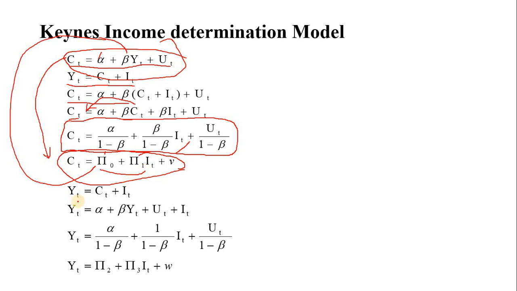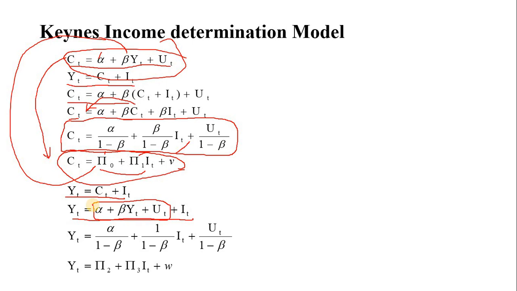Now you take the second equation, yt = Ct + it. Then this will be yt = alpha + beta yt + ut + it. What we have done here: the Ct equation is alpha + beta yt + ut, so I have substituted it here, plus it.